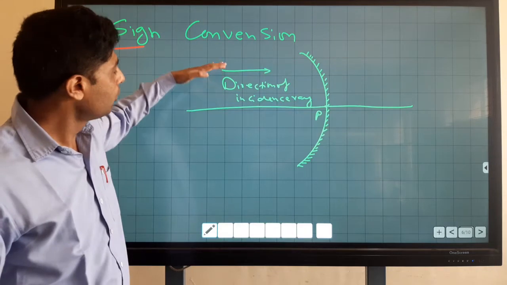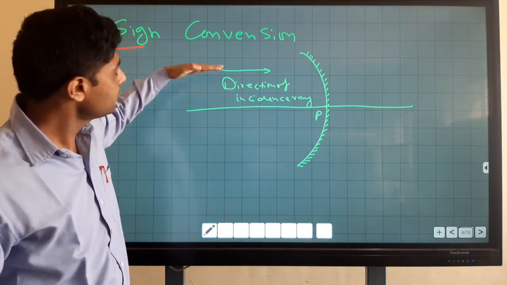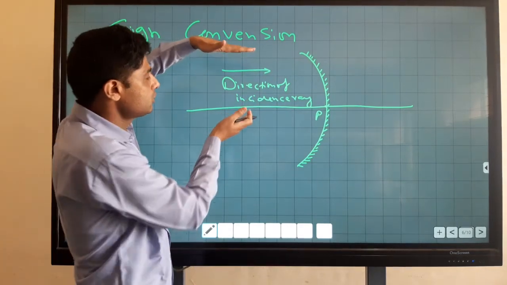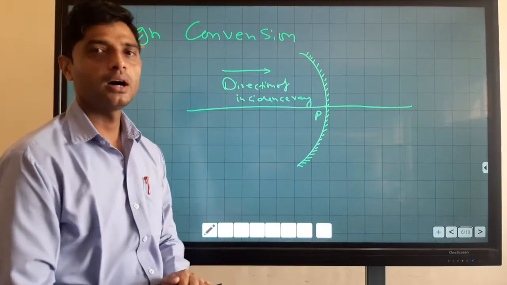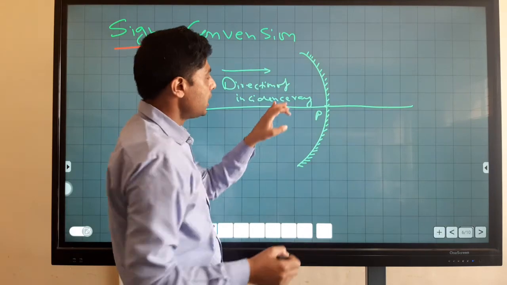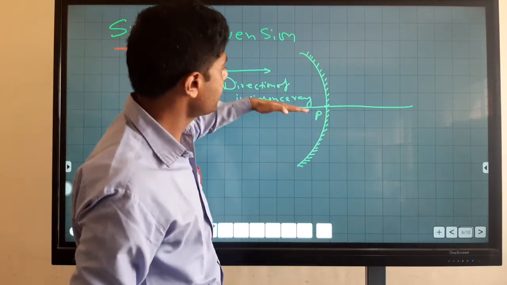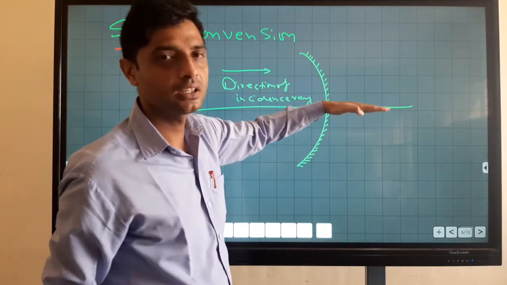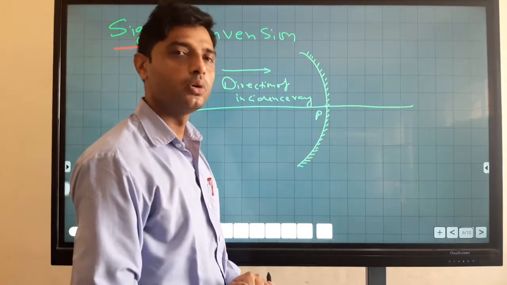We always use this direction to represent the direction of light, and a distance measured in the direction of light is always taken as positive.